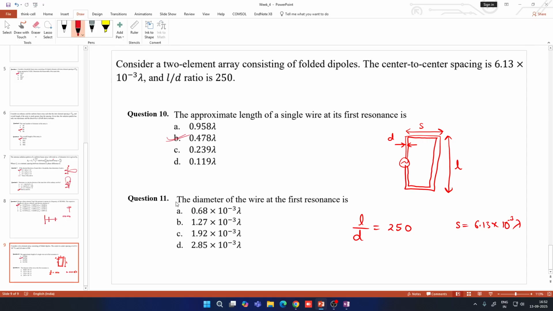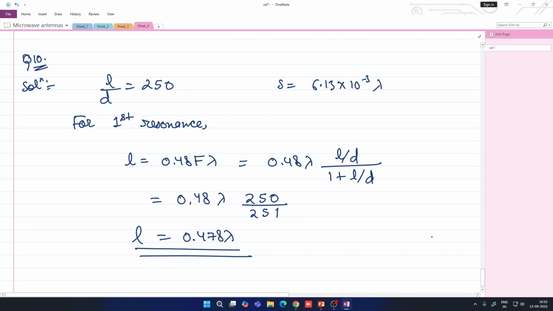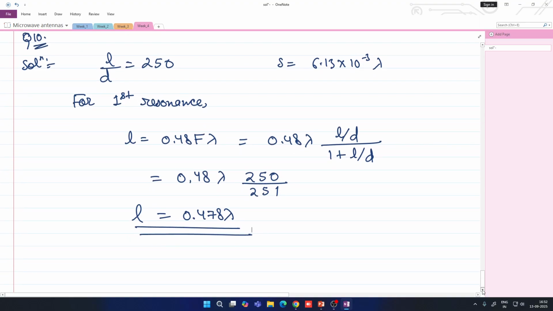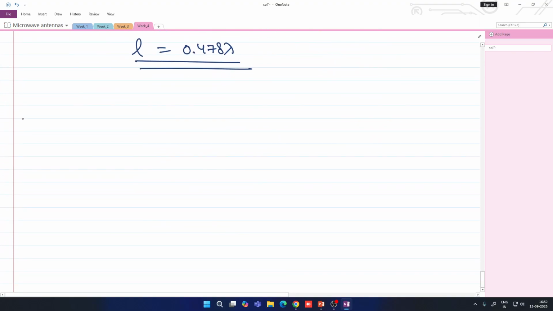And in question number 11, we have to find the diameter of the wire at the first resonance. That means we have to find D. For the first resonance, we already found out what L should be. So in question 11, L we know is 0.478 lambda, and L by D is 250.